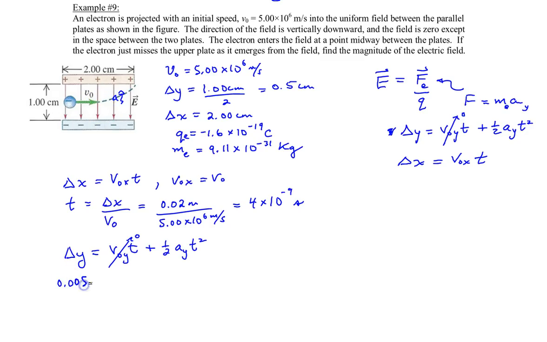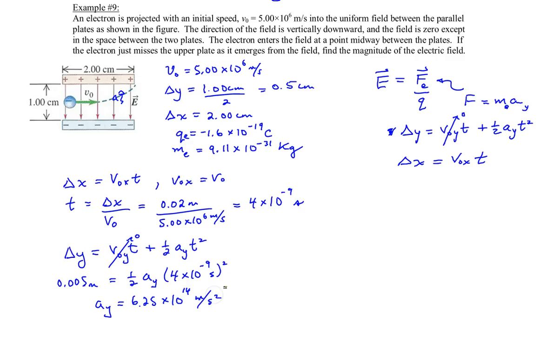So this is 0.005 meters equals 1/2 times the vertical acceleration times the time of 4 times 10 to the power of -9 seconds, quantity squared. And that will give us an acceleration of 6.25 times 10 to the power of 14 meters per second squared.